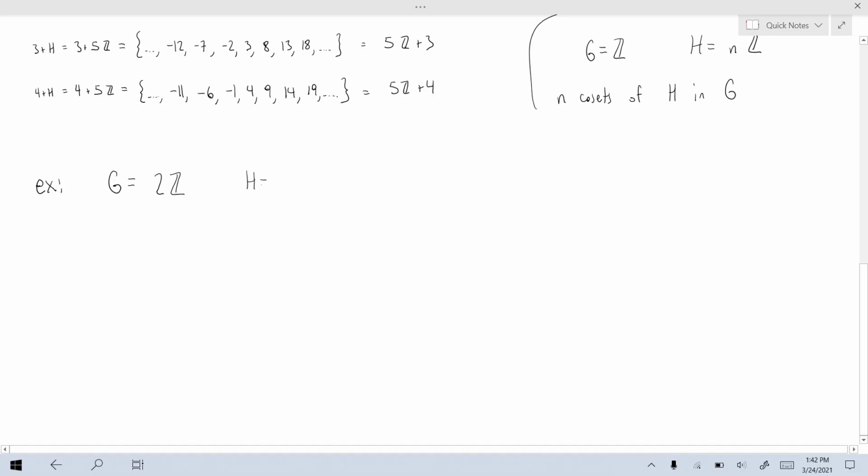And let's take H to be the set of all multiples of 8, okay? So again, G is all the even numbers, whereas H is all of the multiples of 8.